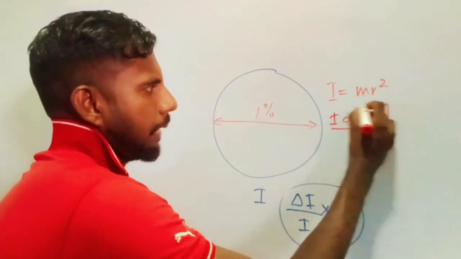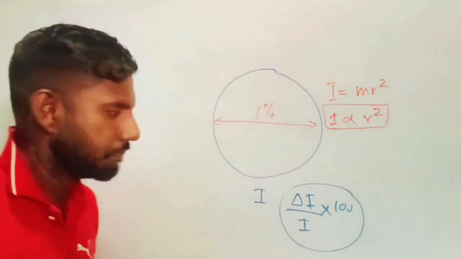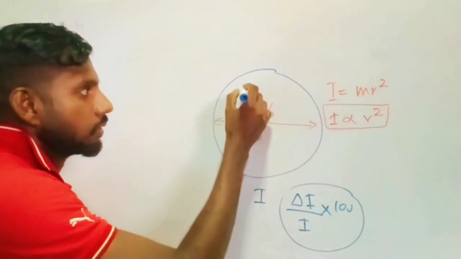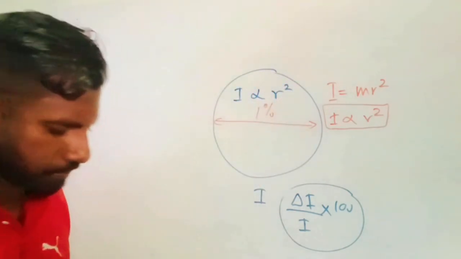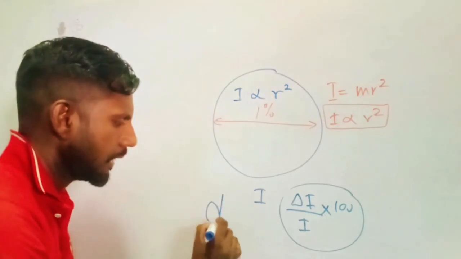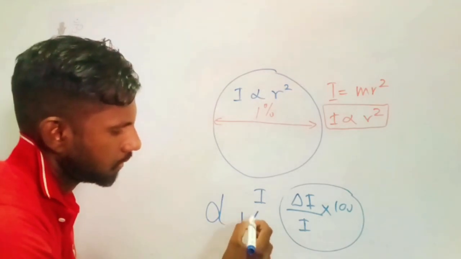So I'm going to apply this to get the answer. So first, I is proportional to the original r squared value.